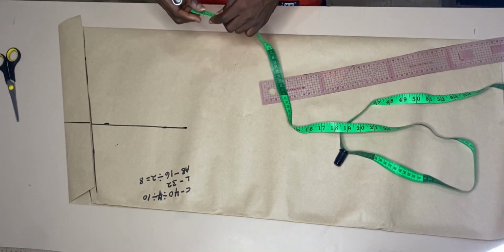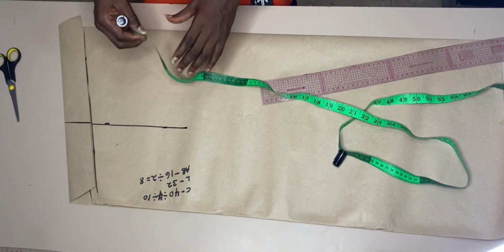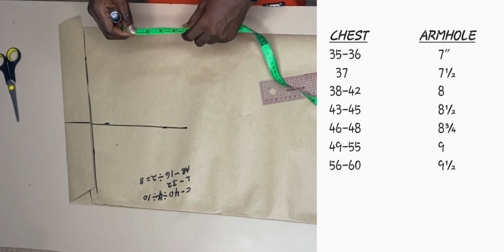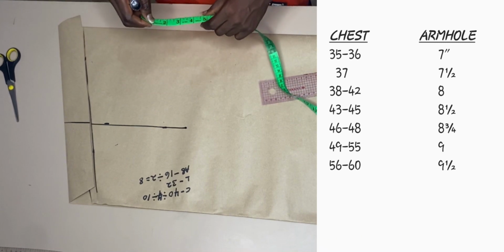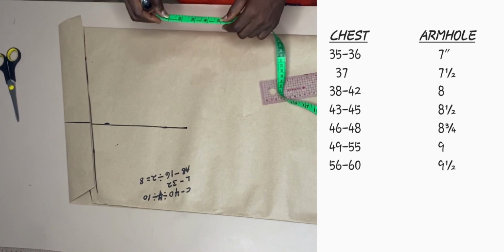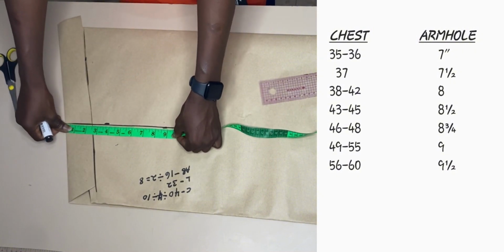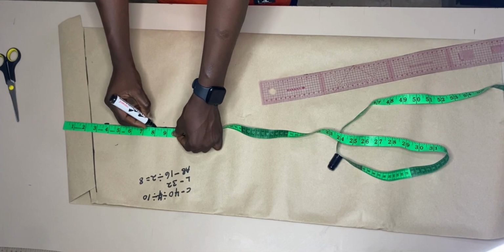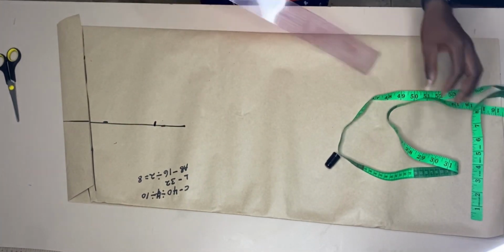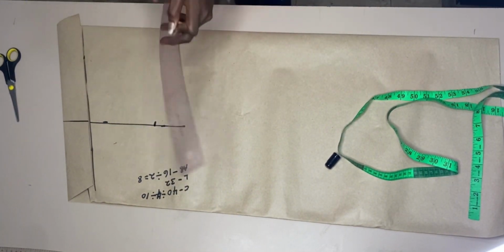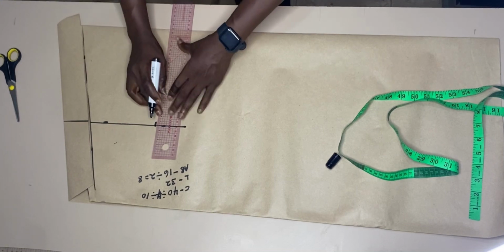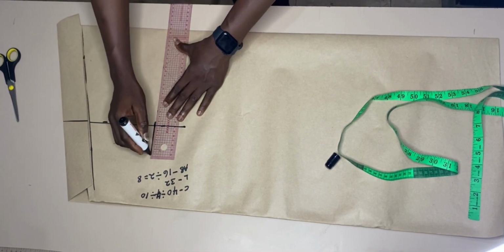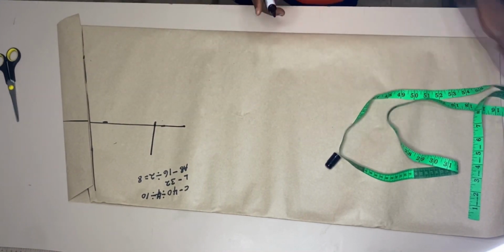Now to get your armhole depth, I have a chart that I have derived for getting armhole depth depending on the chest. So I'll place that on the screen so that you know the chest and the armhole depth you are working with. I'm working with chest 40, the armhole depth is 8. So I'll mark the 8, then I'll draw my line this way.